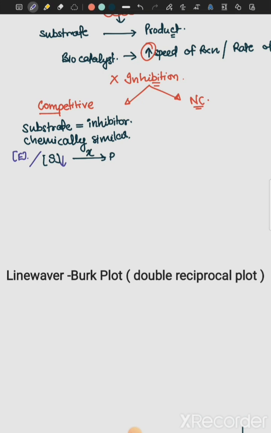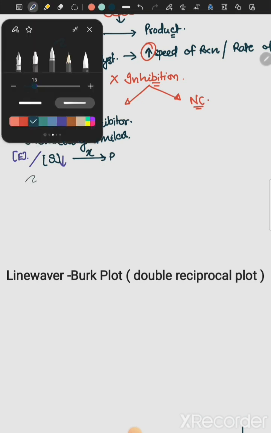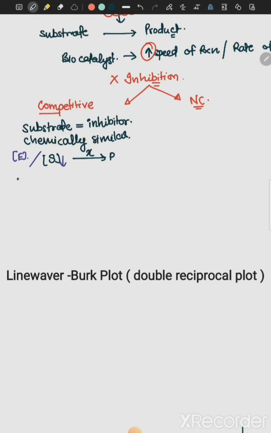So in case of a competitive inhibitor, the inhibitor binds to the active site. I hope you remember that the active site is the site where the enzyme binds and forms the product.